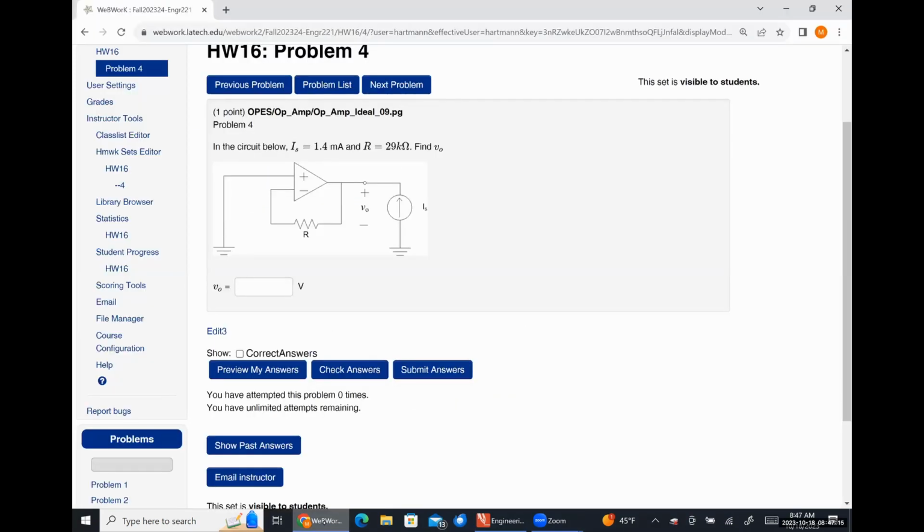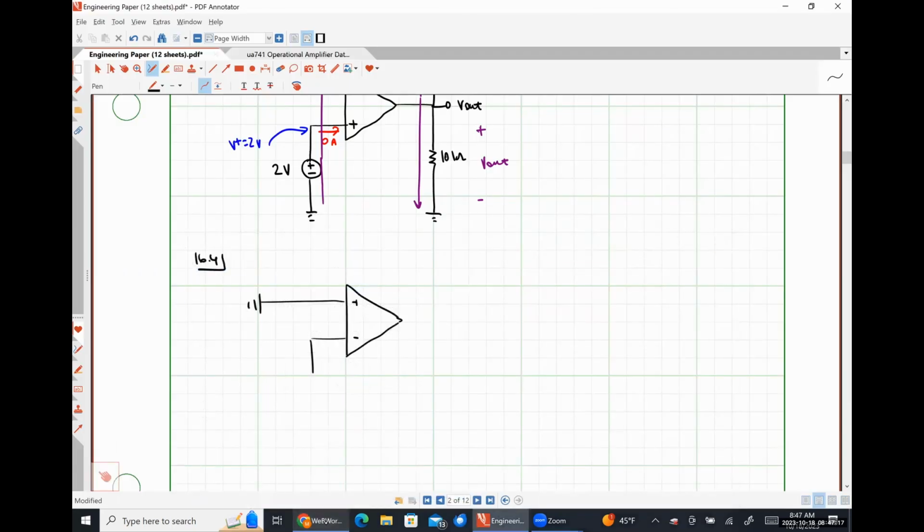We tie our inverting input to our output using some resistor. Let's call this 7 kiloohms just for the sake of argument. We have some, let's say 3 milliamp source here. And our goal is to find our voltage at our output pin with respect to ground.